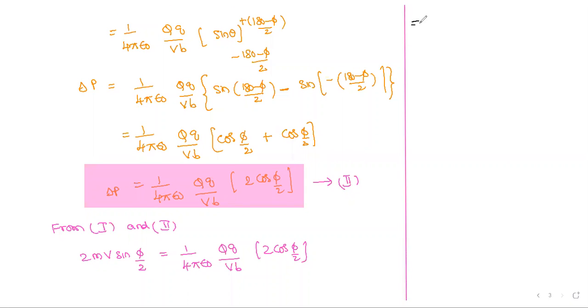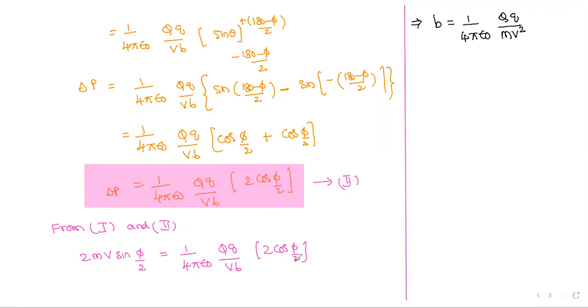That implies I am coming to b is equal to finally 1 by 4 pi epsilon naught QQ by v. One more v will add here, and m also comes to the denominator, that is mv into v, that becomes m v square, 2 already cancelled.